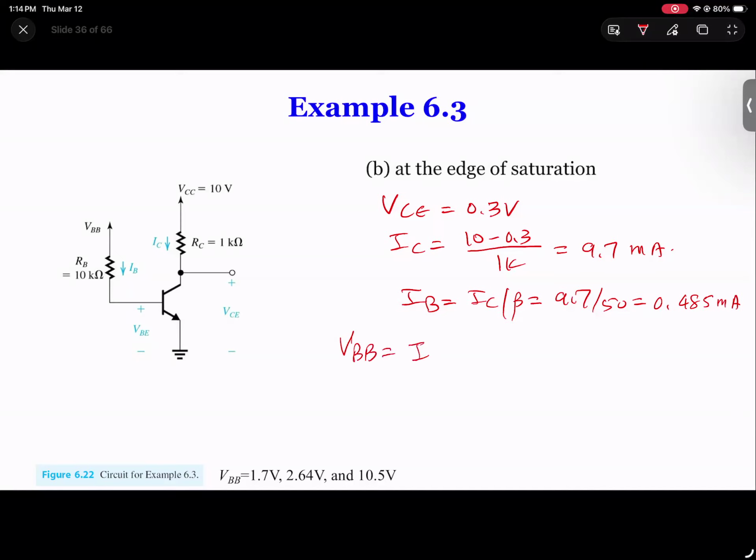It's going to be IB times RB plus 0.7. How much is that going to give you? 4.85.